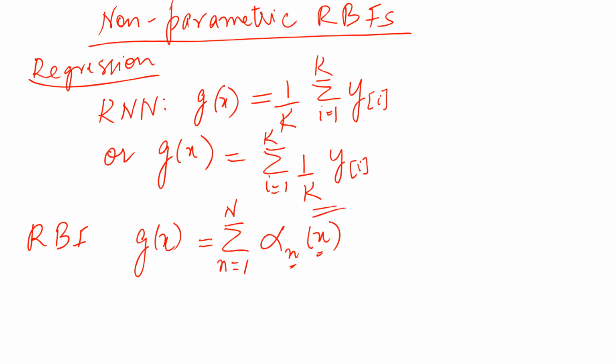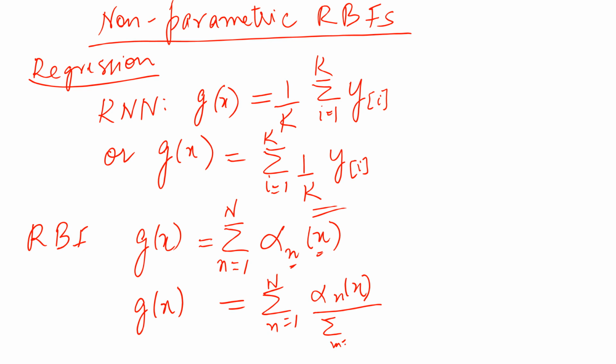Now, these weights do not necessarily add up to 1. So in order to do that, we'll just apply the good old normalization technique. In addition to this, we can say that g of x with the normalization consideration is going to be the sum for n from 1 up to N of alpha_n of x, divided by the sum of the normalized weights, alpha_m of x, with m as the index, times y_n.